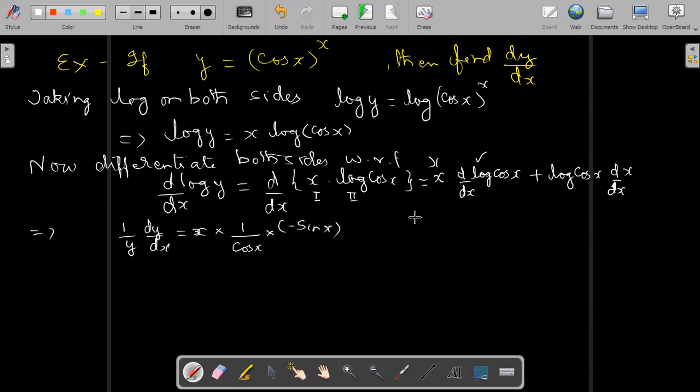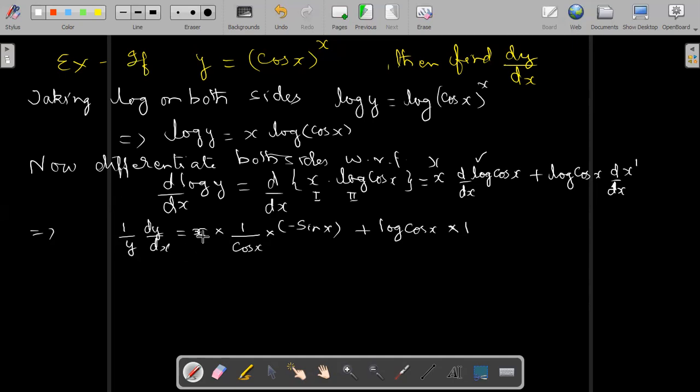Then plus log of cos x as it is, and the differential of x with respect to x is 1, only 1. The d by dx of x is always 1.